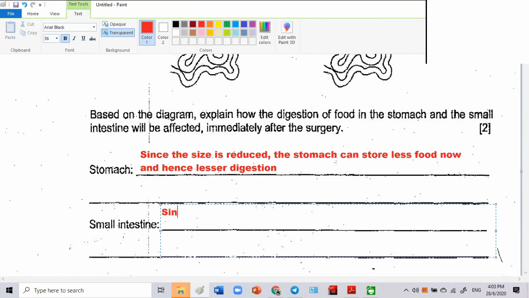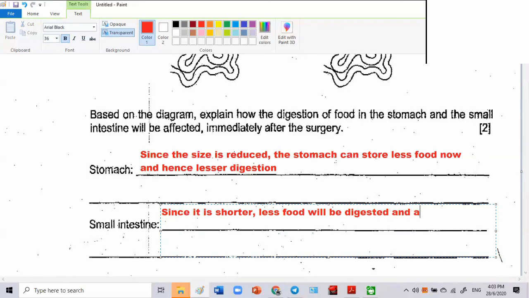Since it is shorter, then what happened? Less food will be digested, because the small intestine digests things.